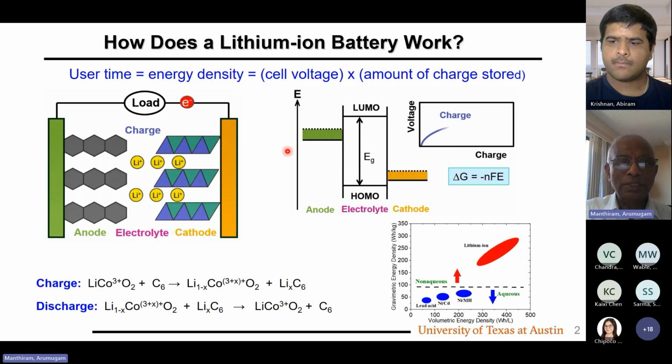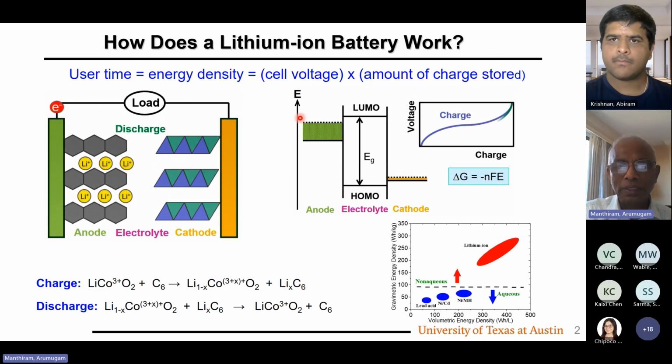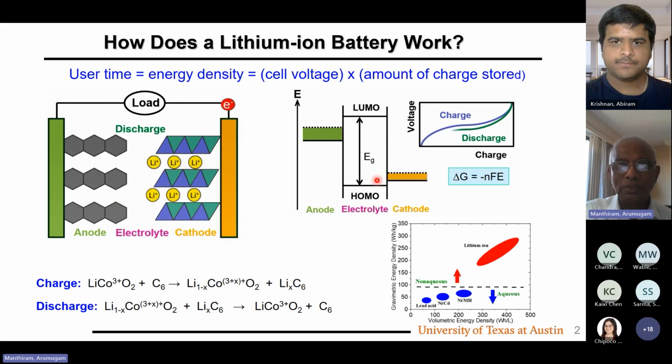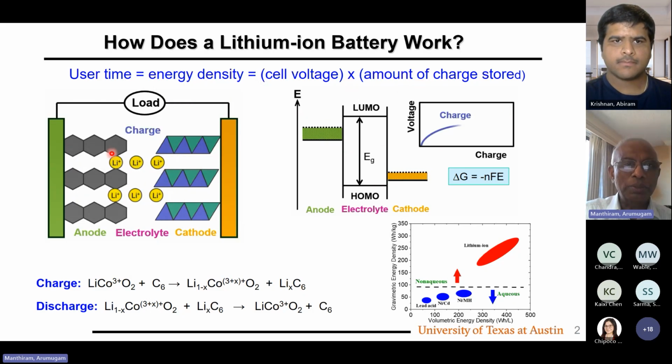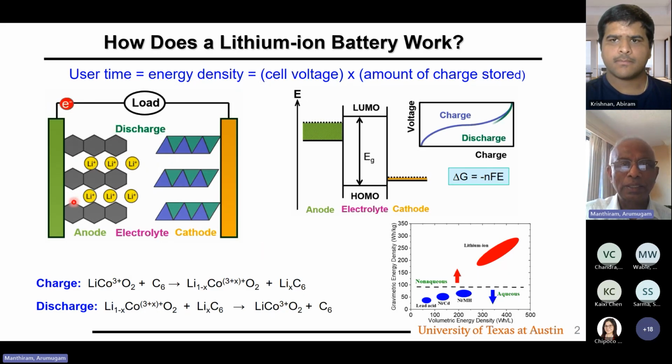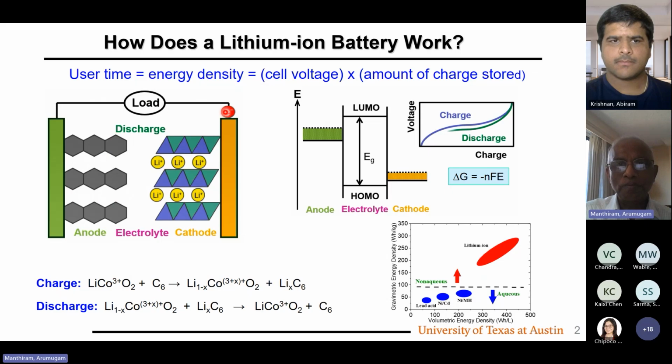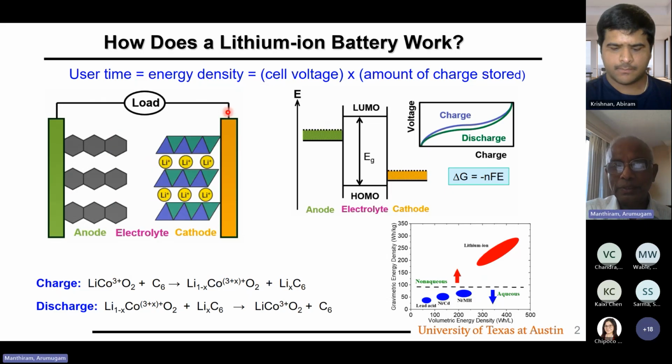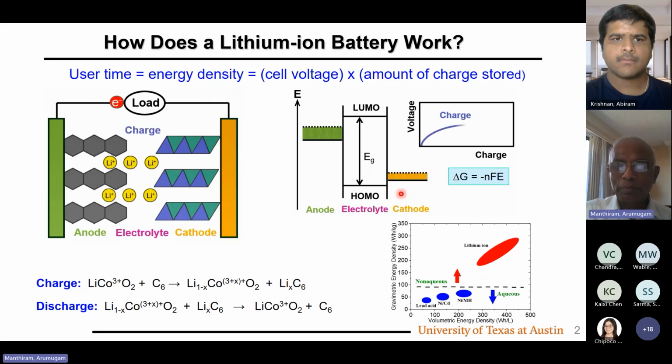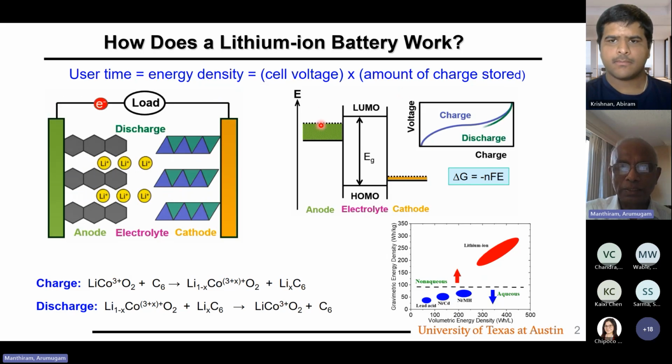So the energy density is the voltage you get. That's the difference in energy between these two electrodes times the amount of charge you can store in these materials per unit volume or per unit weight. So that's what the energy density is. Now during charge, you pump the electron from the lower energy to a higher energy using electricity.